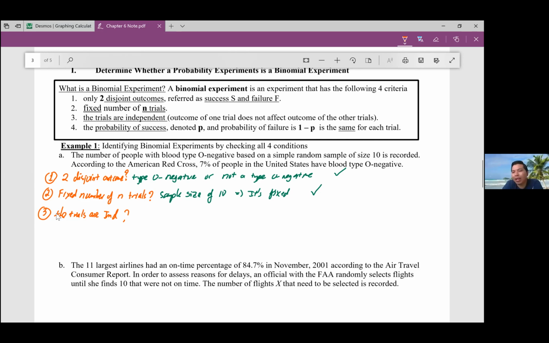If you don't get type O negative, does that mean that Aaron has to get type O negative? No. So each of us, there's a possibility that none of us 10 are selected. We have no type O negative at all.